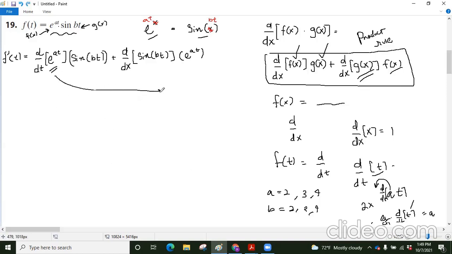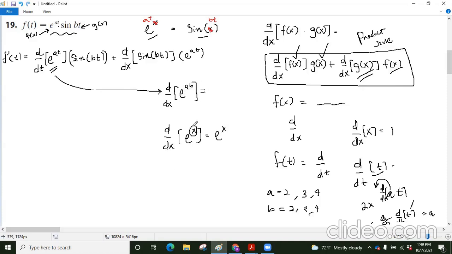But first, looking at this off to the side, what is the derivative of e to the at? Well, we know that the derivative d over dx of e to the x is just e to the x. So if I make my x, in this case, at, then my derivative should also follow.